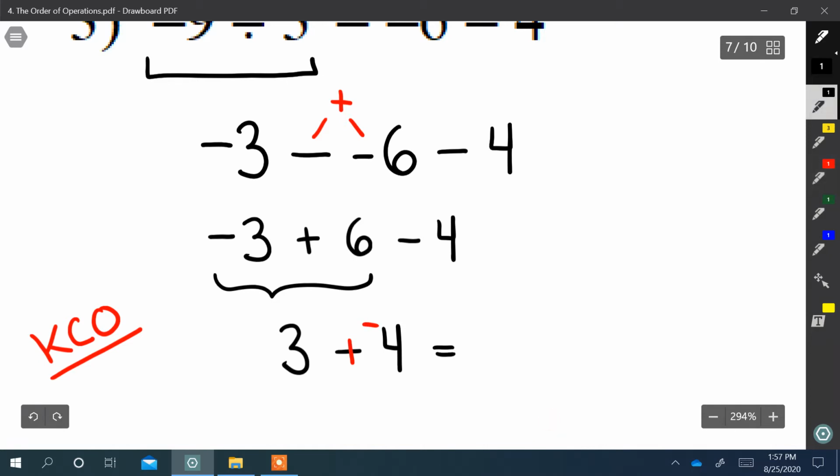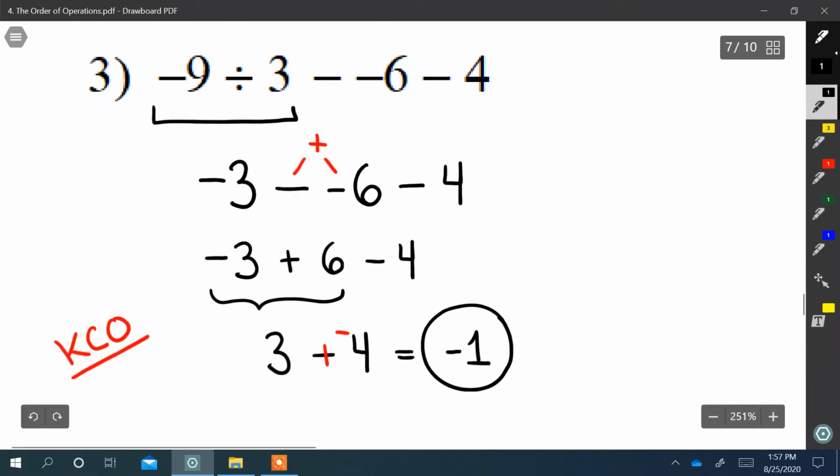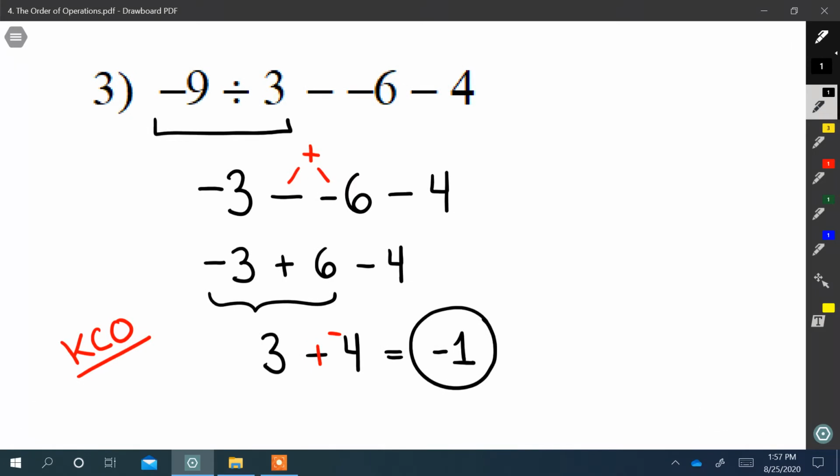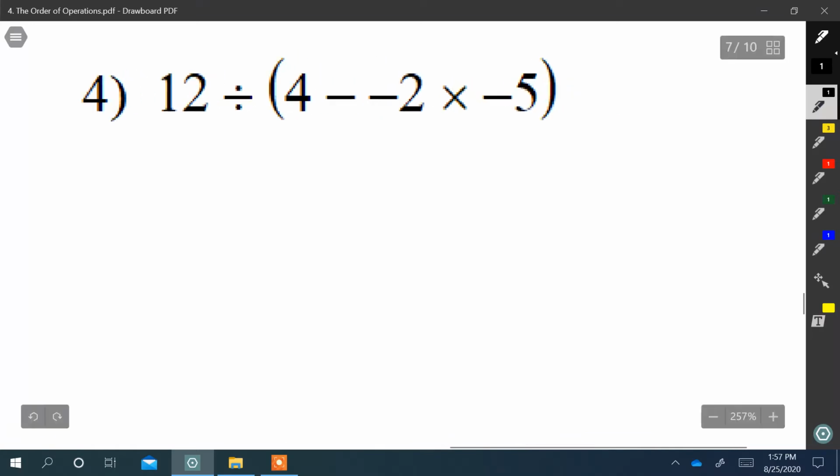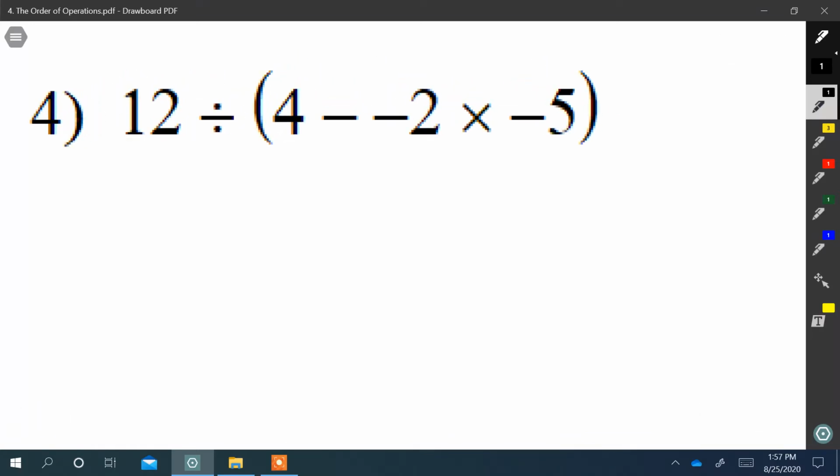So we have 3 plus negative 4 will be negative 1. And that will be my answer for that right there. Like I said, the problems are just a little bit difficult, but I think we got it. Alright, I want you to try this one here. See if you can do it on your own.